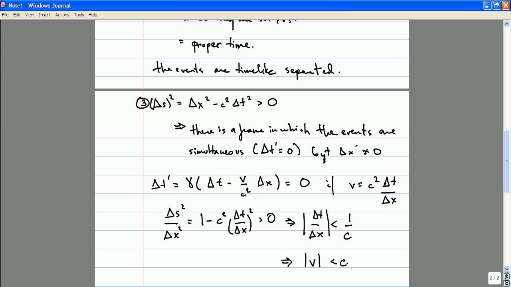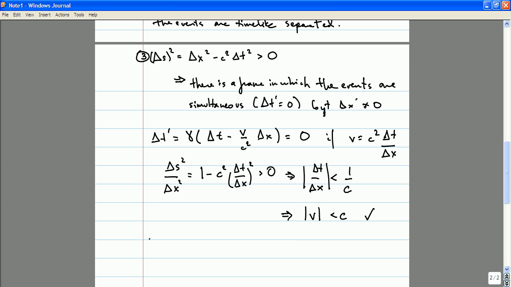And this is indeed a demonstration that it's possible to choose a frame S prime, which is moving with some velocity less than the speed of light with respect to our original frame S, in terms of which the two events happen simultaneously.